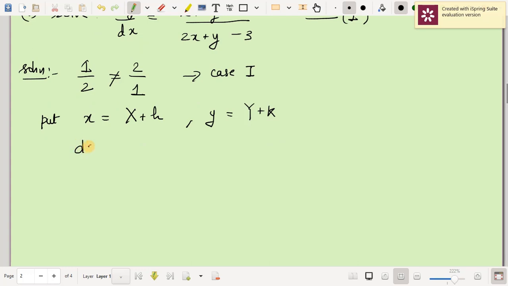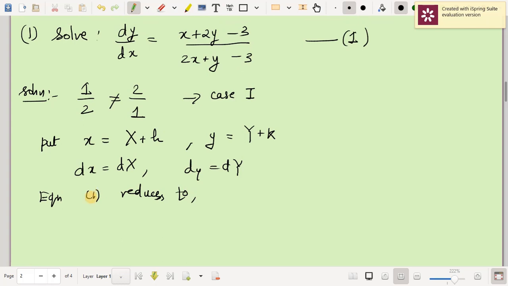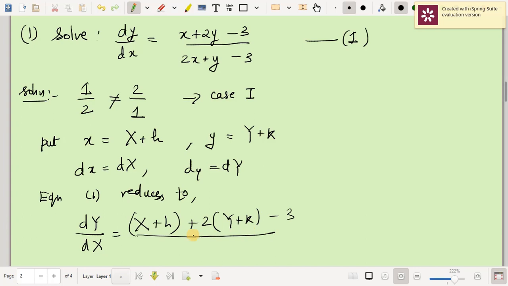So dx becomes d capital X and dy becomes d capital Y, and equation 1 reduces to: dY by dX equals 2 into (Y plus k) minus 3, the whole thing upon 2 into (X plus h) plus Y plus k minus 3, where h needs to be determined.